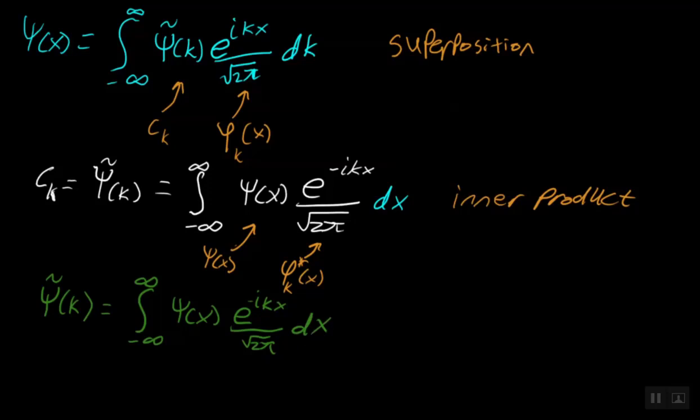No, I just wrote the same thing in a different color, right? But here, this is our c sub x, and this is our phi tilde sub x of k, right? And so this is a superposition.